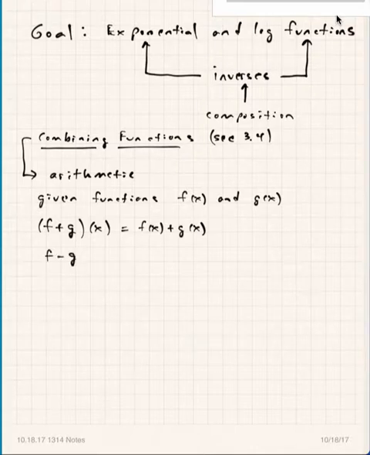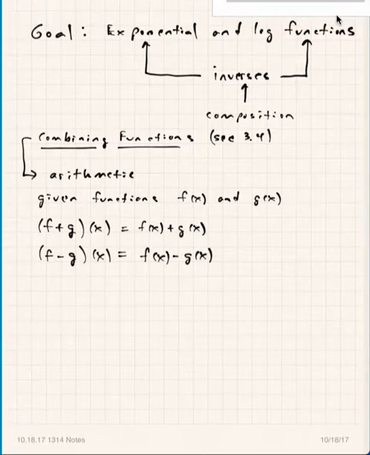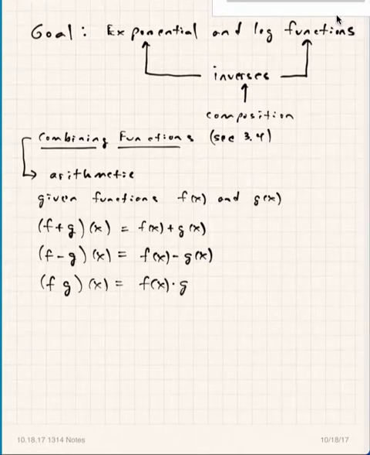f minus g of x is another function. You can take 2 functions and combine them by subtracting them. This is what I'm talking about with arithmetic. And then there's fg of x. That function is formed by taking 2 functions and multiplying them. So you get f of x times g of x.